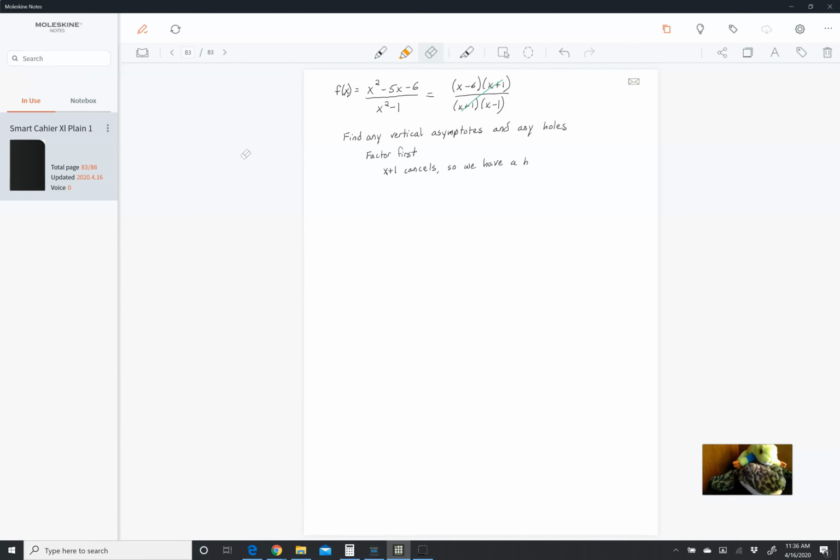Okay, we have a hole at x equals -1. Now x minus 1 doesn't cancel. So we have a vertical asymptote at x equals 1.